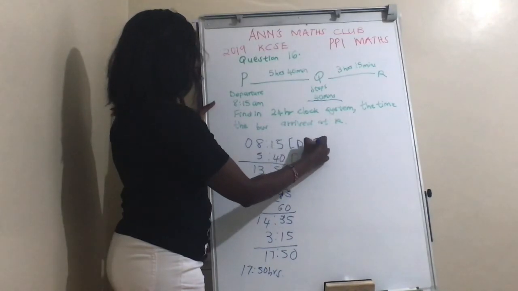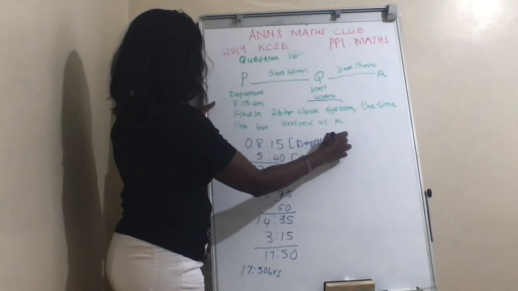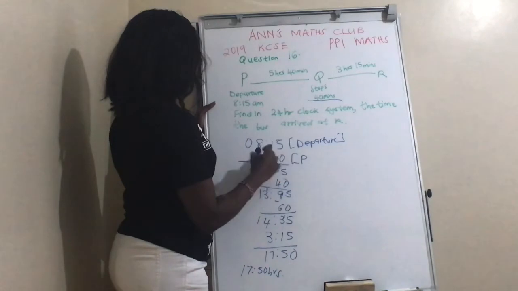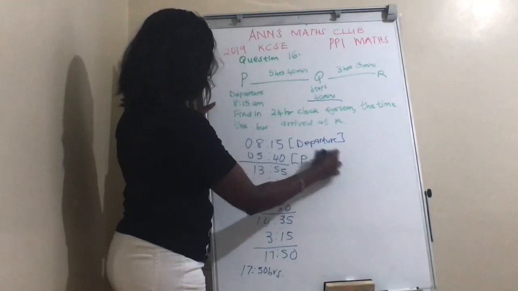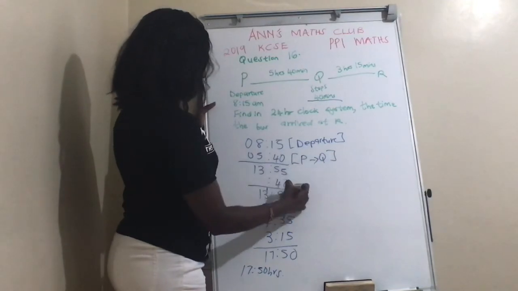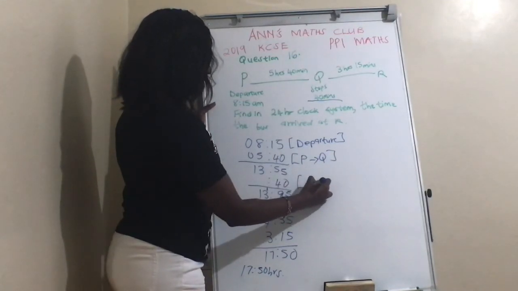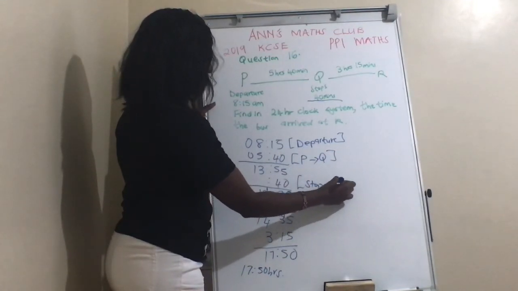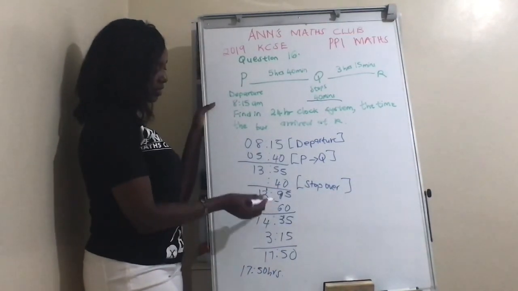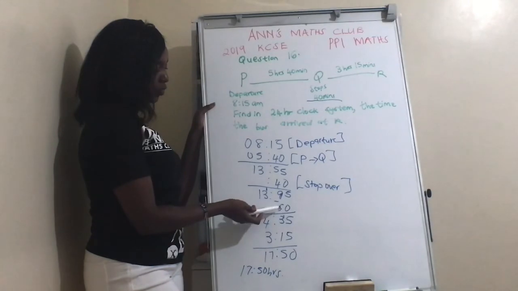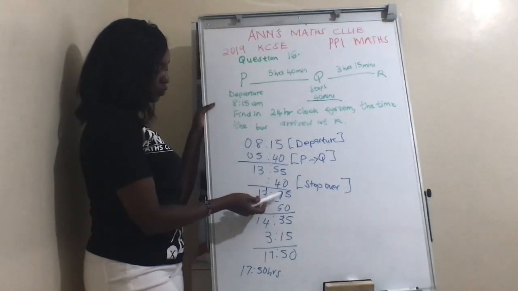So basically what you needed to do here: first, from P, this is the departure time. Then from P to Q. Then this is for the stopover. For the 40 minutes, you need to add it. And remember the trick here, you don't leave it as 95 minutes. You have to convert it into hours.